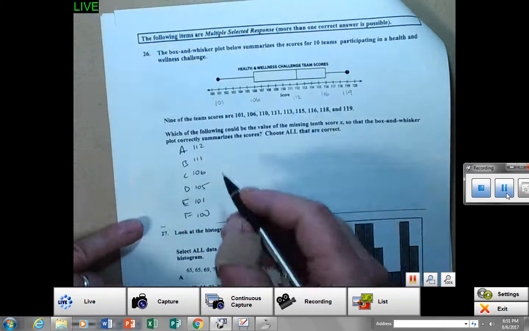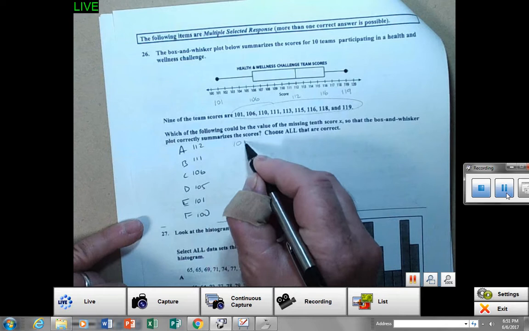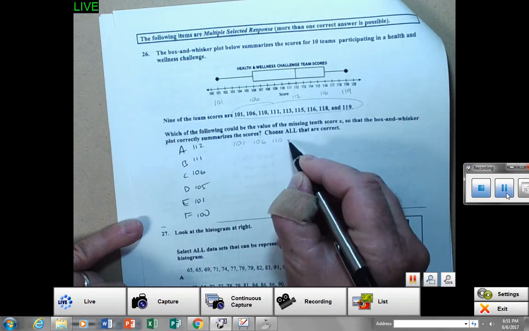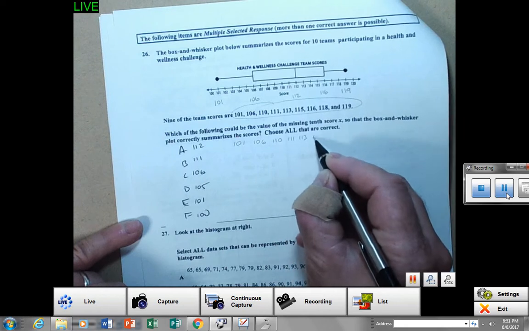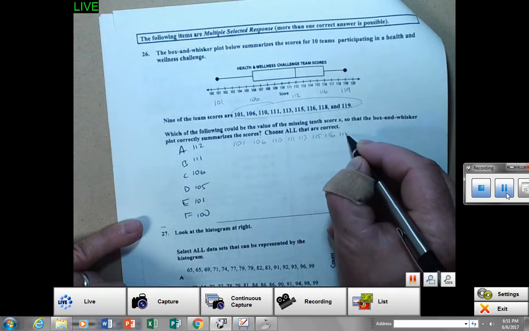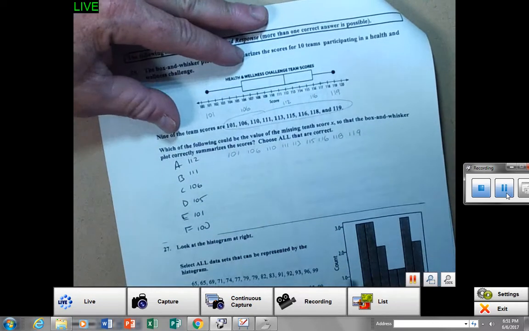So again, I'm going to list these numbers out and see how this number changes it. So 101, 106, 110, 111, 113, 115, 116, 118, 119. I'm going to write that out for all of my choices.